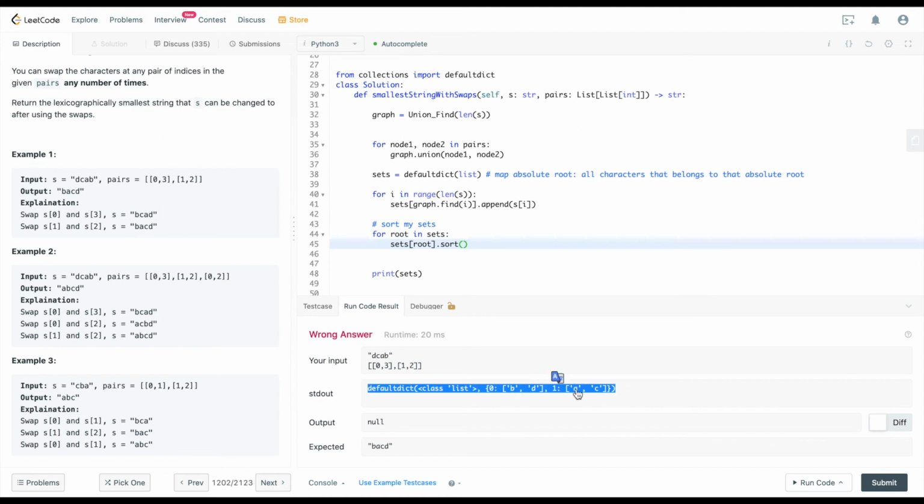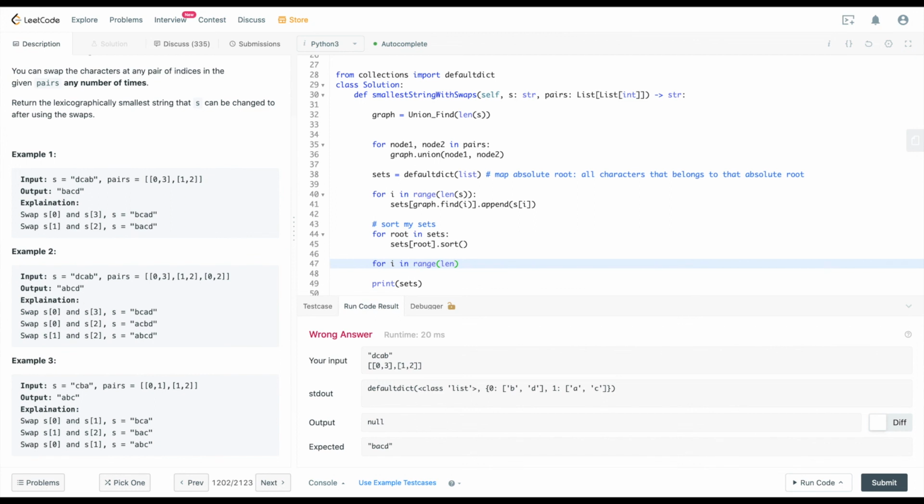B comes before D and A comes before C. So the next thing we have to do is, based on each of the characters in s, we find the absolute root, and then based on the sets, we can pop the first one in the set going through our list. I don't know if my explanation is clear, so I'm just gonna write the code and then you can see what I'm saying.